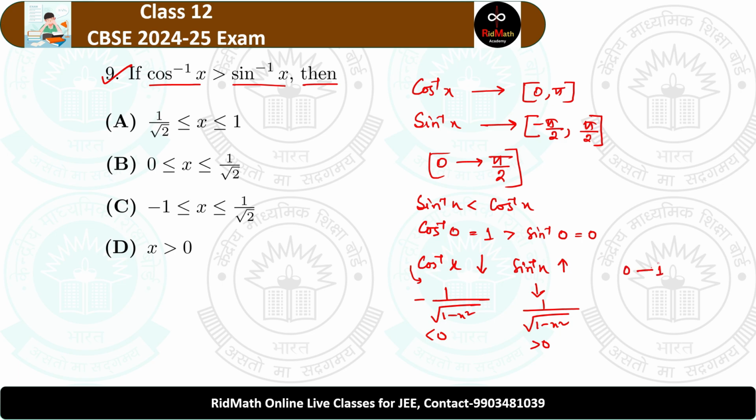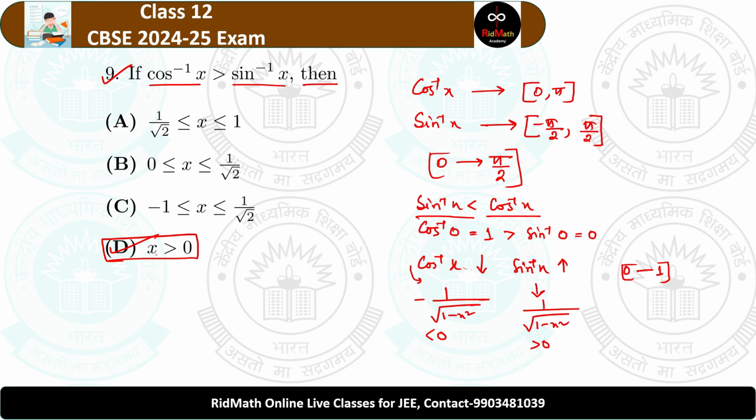So that means cos inverse x is decreasing and sin inverse x is increasing, and ultimately sin inverse x is less than cos inverse x. So the answer will be option number D, that is x greater than 0.